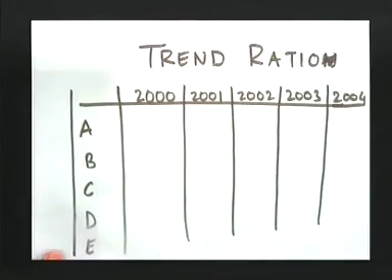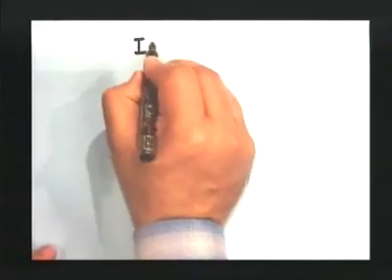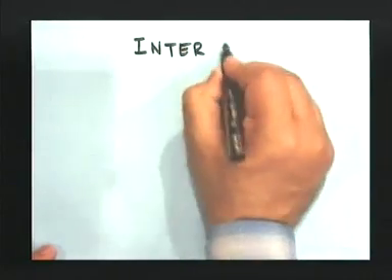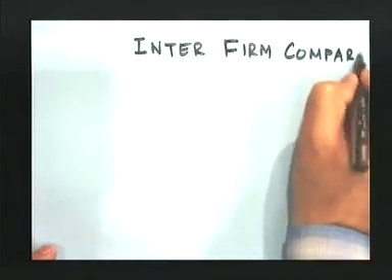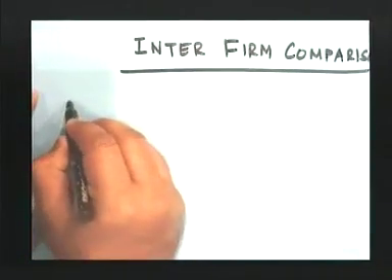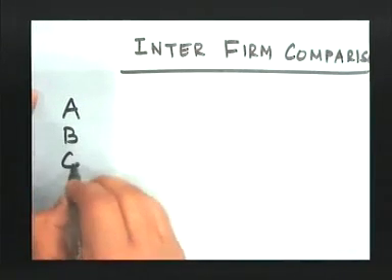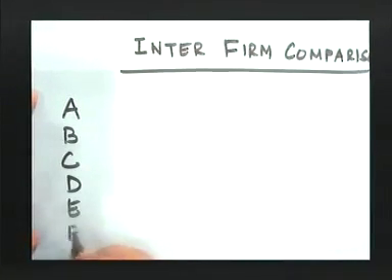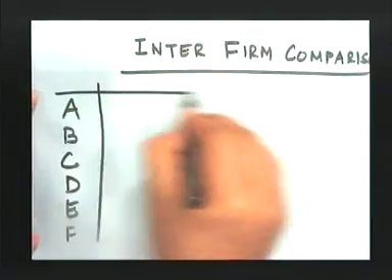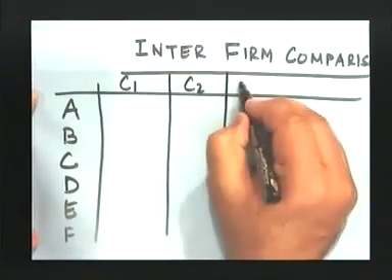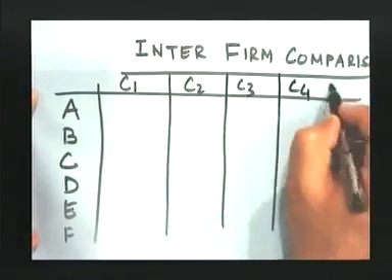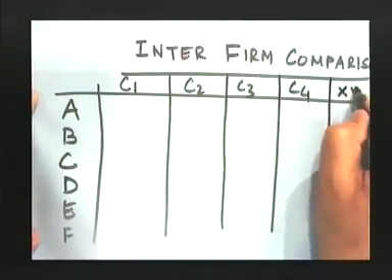Now, when it comes to inter-firm comparison, what do we do there? Let us say you have an inter-firm comparison. In this, I have different ratios, let us say A, B, C, D, E, F. Now, there are different companies, let us say company C1, company C2, company C3, company C4, and let us say this is your company XYZ.